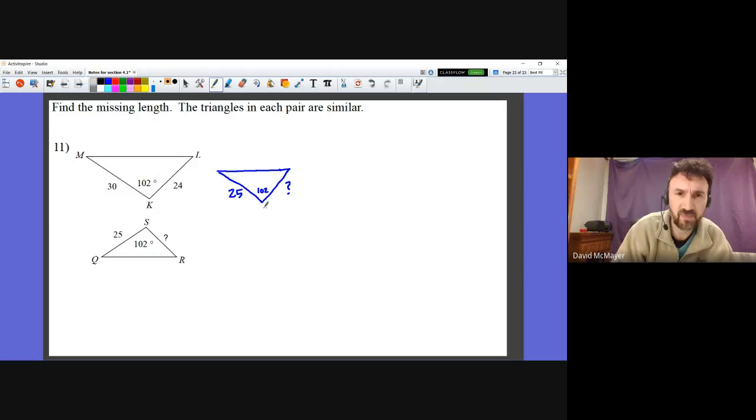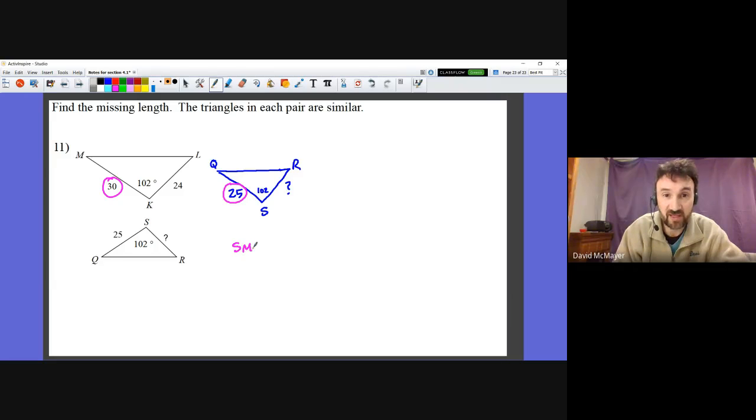These two triangles are similar. Suppose we had to label this. This is an S, this is an R, and this is a Q. What we can do is determine a scale factor in order to do this. When I'm looking at these two triangles, smaller to larger, that scale factor is 25 to 30.